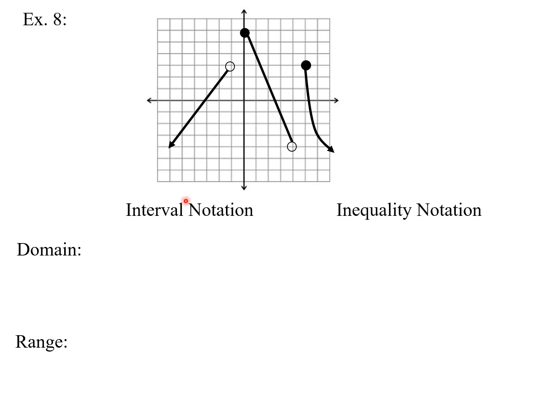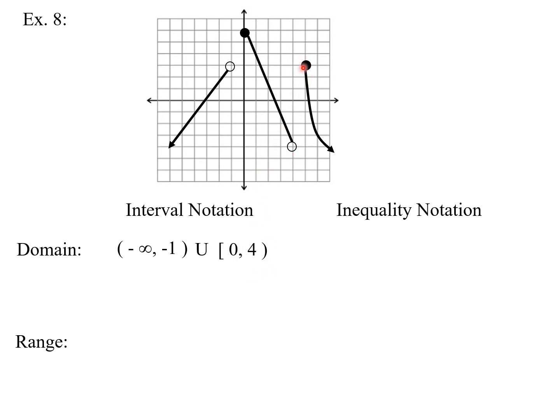All right, as far as the domain goes, starting over here, that arrow indicates it goes to -infinity. So from -infinity all the way up to x equals -1, non-inclusive. So we can write it like that. And then we skip over to x equals 0, inclusive, all the way to x equals 4, non-inclusive.